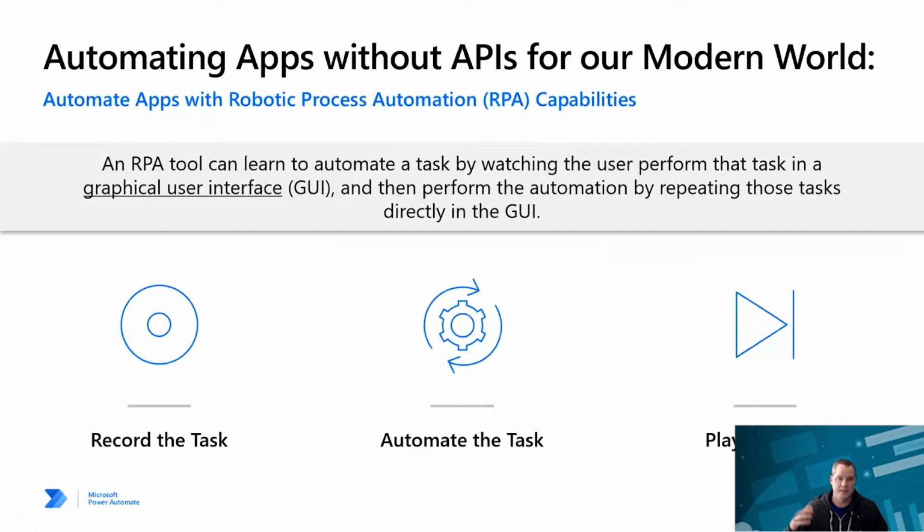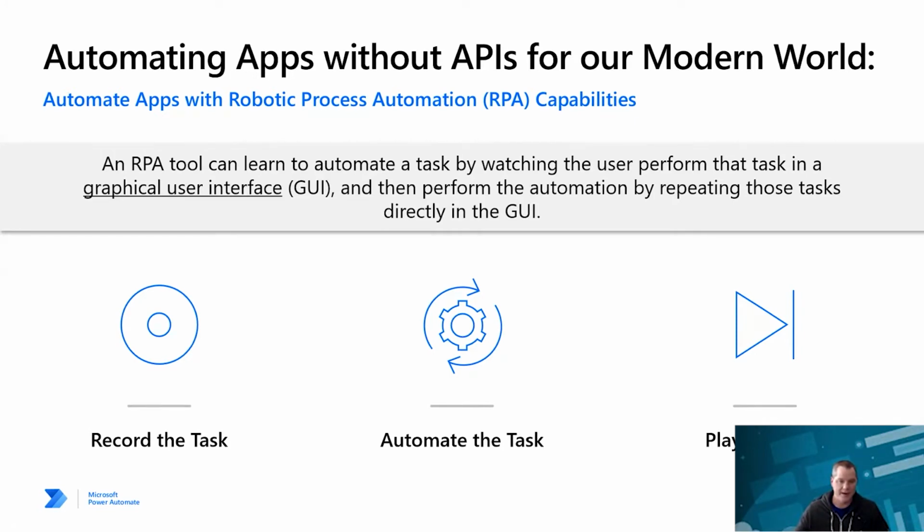Now, when it comes to RPA, what does that process typically look like? Well, we've already seen some of it because we were using that same recorder that we saw in the Process Advisor demo. As part of that process, we can record tasks. So we can record the input of information, and then we can save that recording.